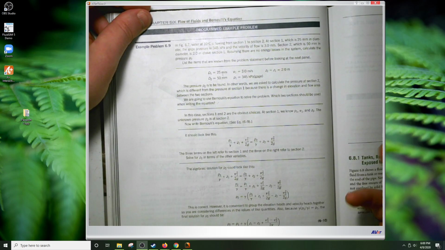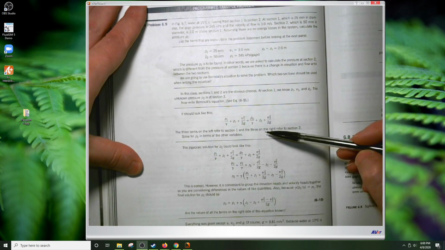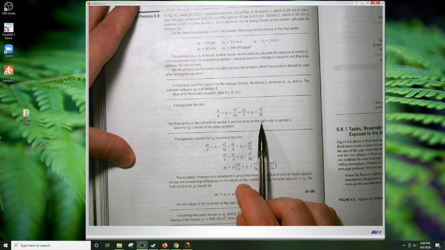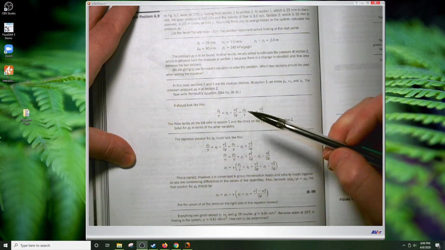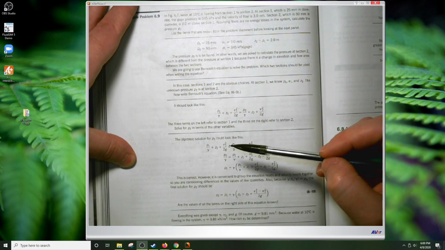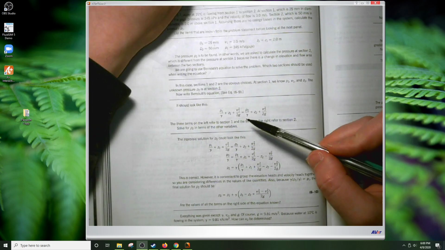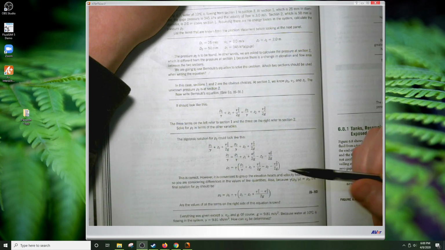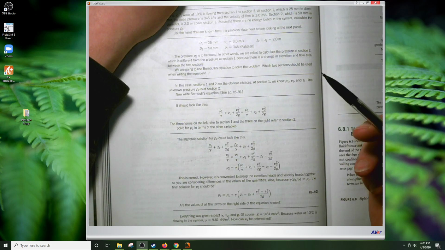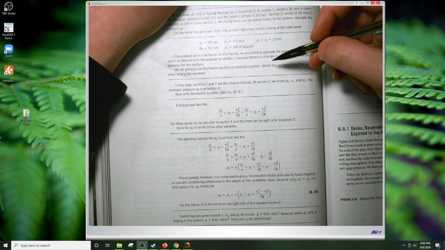Now, the next part of the process is really looking at Bernoulli's equation itself. So Bernoulli's equation looks like this. And what I like to do anyways is really look at, well, what do we know of the system? What can we plug in here? If there's anything that says 0, so for instance, if Z height was 0, we could go through and basically cancel that out so we wouldn't have any Z's. In this case, our Z height is 2 meters, so we can't necessarily do that. Let's see what else we got.